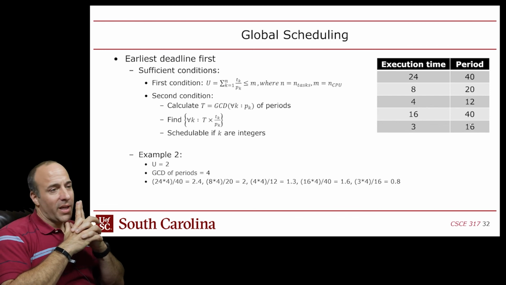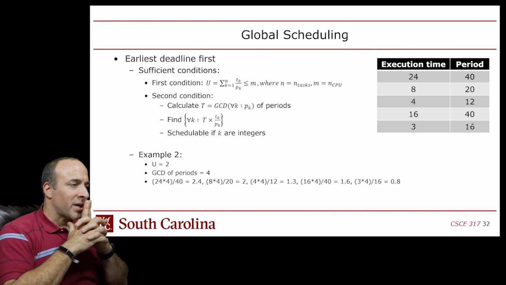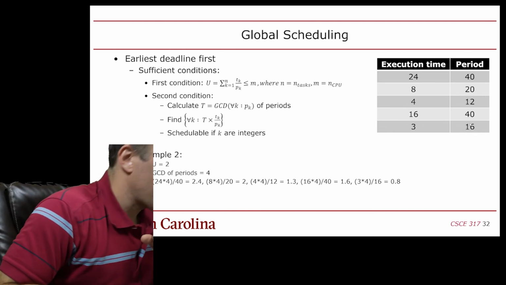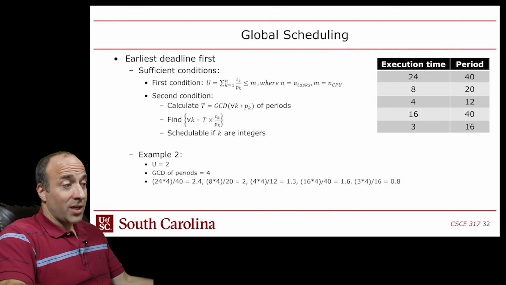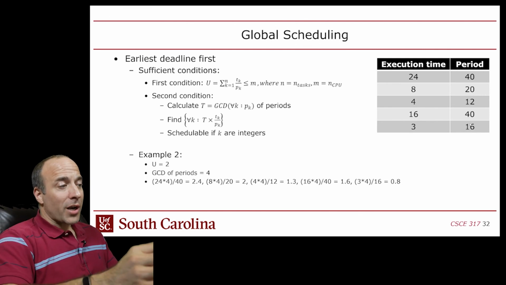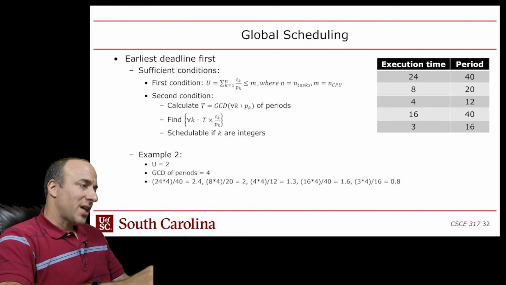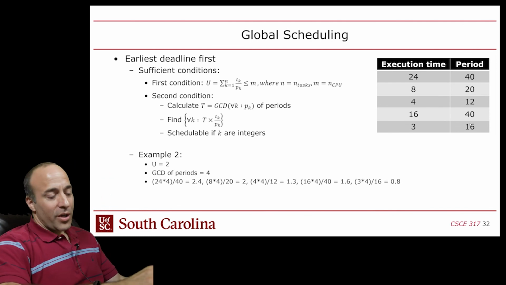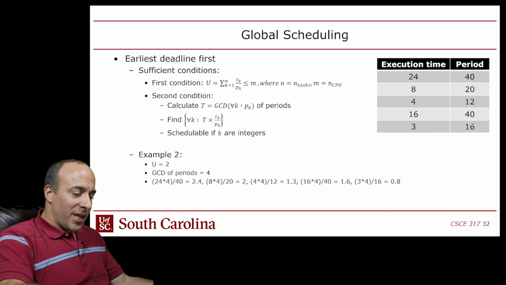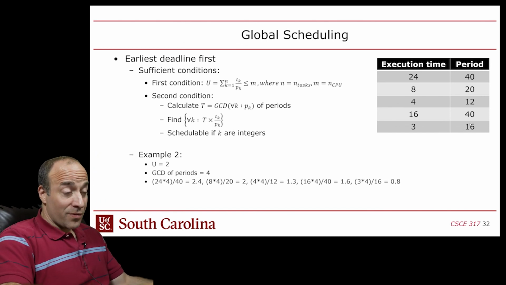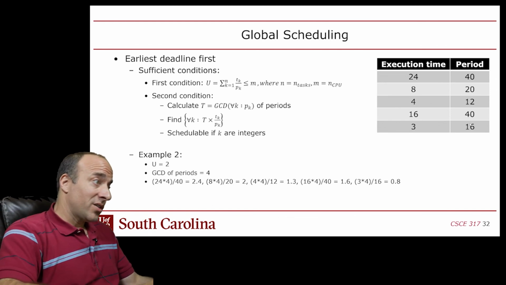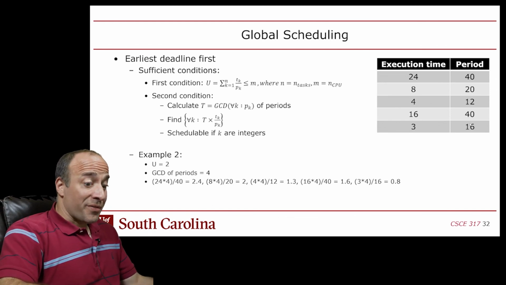And so we do this calculation, and we end up with the products between the greatest common divisor of the period and the ratio of execution time to period not always being an integer. So for task 1, 4 times 24 over 40 is 2.4. So that means that the schedulability test has failed for this set of tasks, which means that we can't guarantee that it's schedulable with EDF.